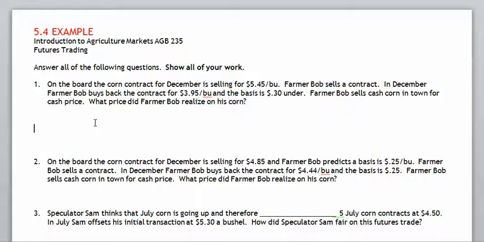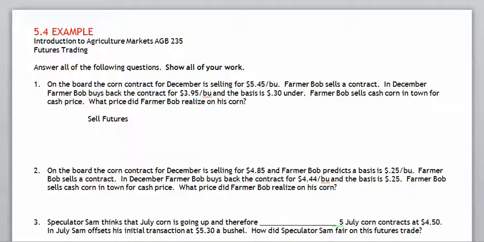Okay, always remember this. What we need to figure out is what we sell futures at, what we buy futures at, and from there we figure out a gain or loss.